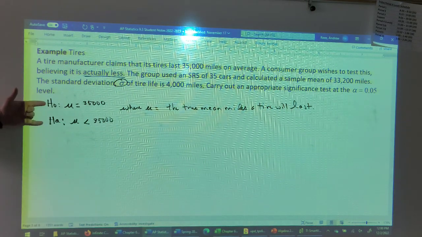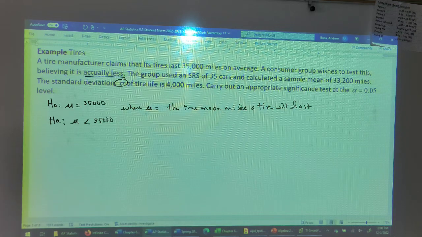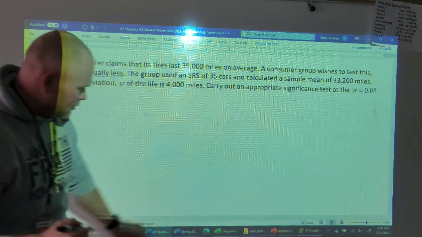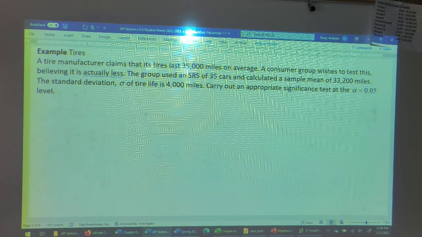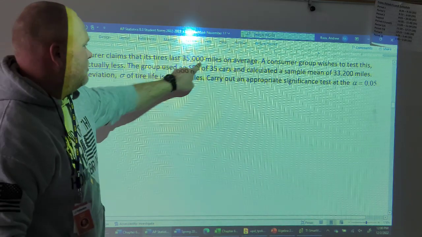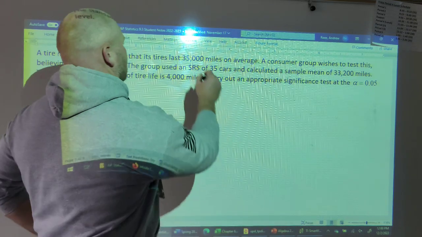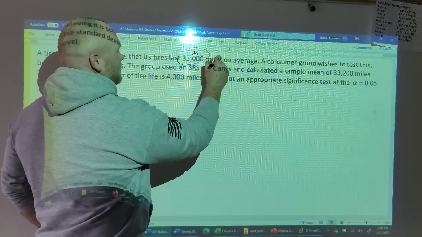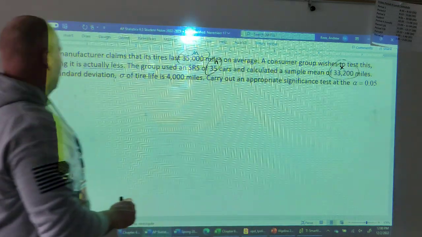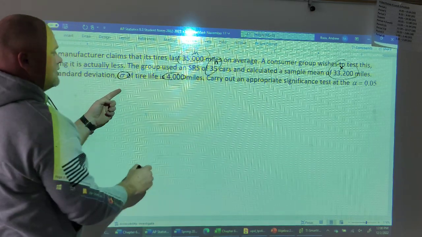Okay, so H0, HA, talking about mean, so we're using mu, define mu, move on, say what kind of test we're going to do. This is where this one gets a little bit tricky. We are given a population true mean to start with. We are given a sample size, there's n, we got a sample mean x bar, and we're given sigma, a sigma of 4,000.